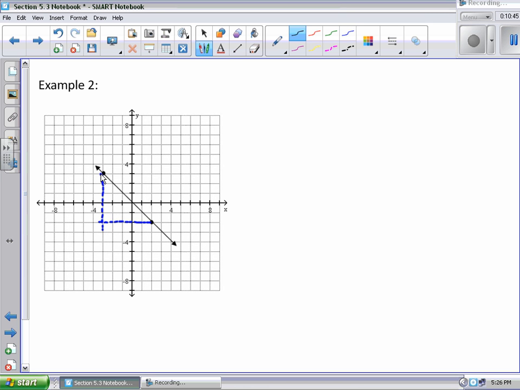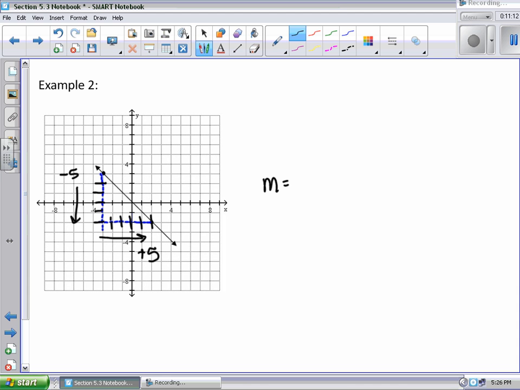So again, if I count units, I want the change in y or the rise first. But here I've got to go 1, 2, 3, 4, 5. I'm going 5 units down, which means I've got a -5. And then I have to go 1, 2, 3, 4, 5 units across, but I'm still going to the right. Moving to the right is positive.